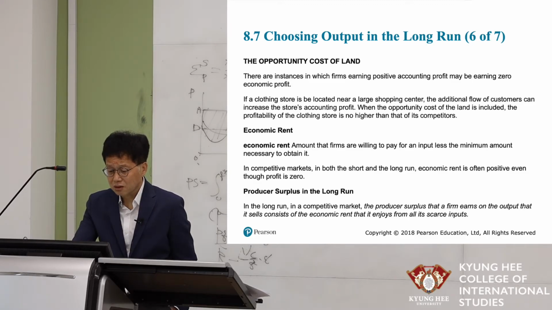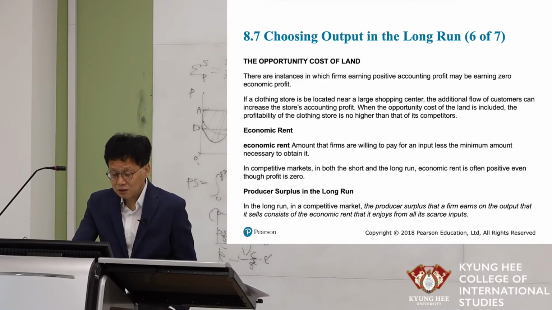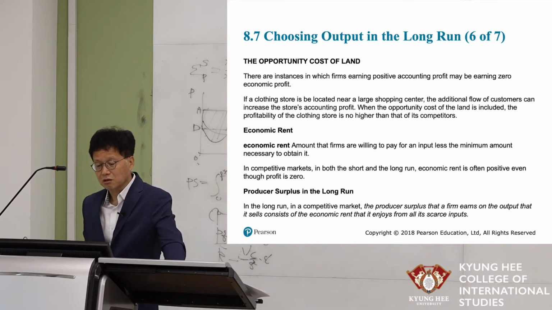And the argument here is that there are cases where firms earn positive accounting profit, but economic profit is equal to zero. Okay? Now, the example is this. If a clothing store is located near a large shopping center, the additional flow of customers can increase the store's accounting profit.